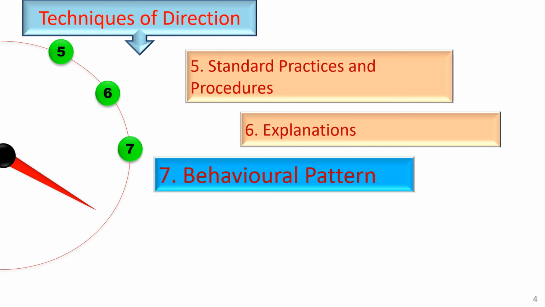In such a case, orders or instructions are not required. In the free rein pattern, the superior provides broad guidelines and subordinates have to take decisions within that framework. The pattern to be followed depends upon the understanding of human nature and the situation.